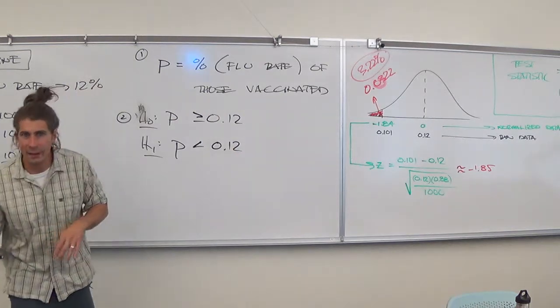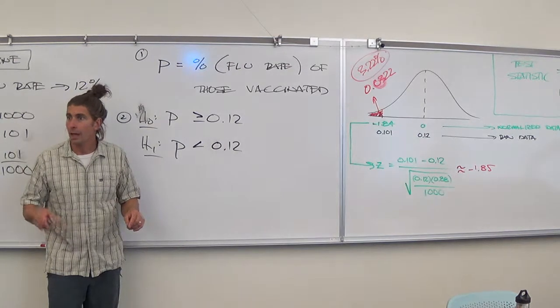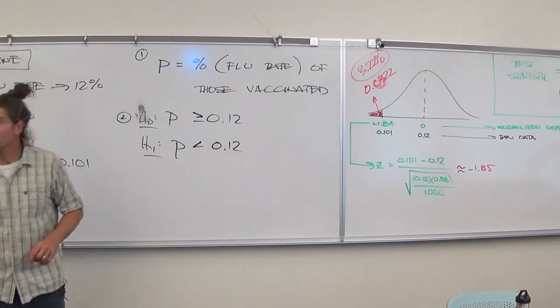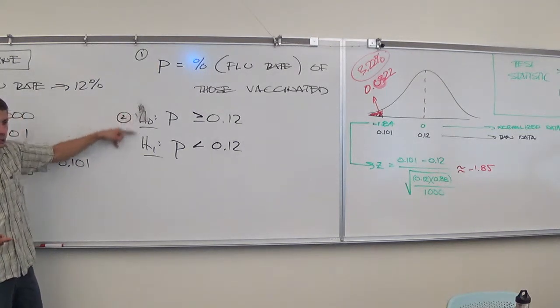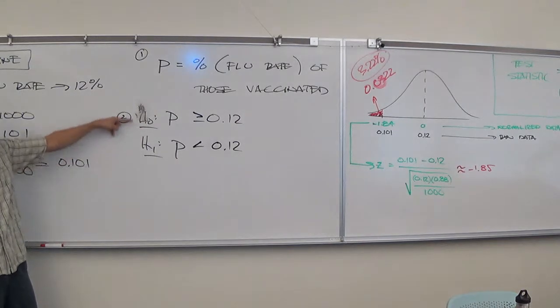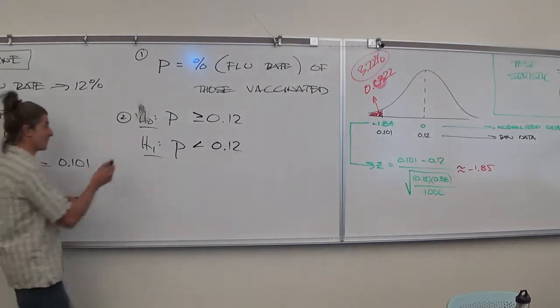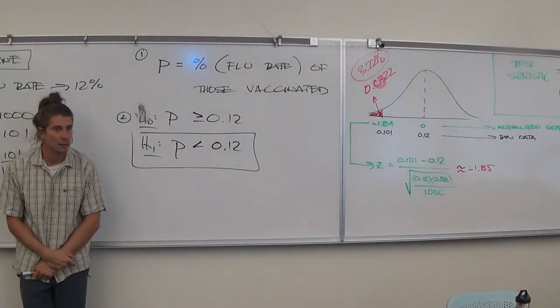What do small p-values imply? You were expecting 12% and you got less. So we got a small p-value, right? So which of these two is easier to believe as a result of our sample data? This one right here. That's why we say it appears that the vaccine is working.